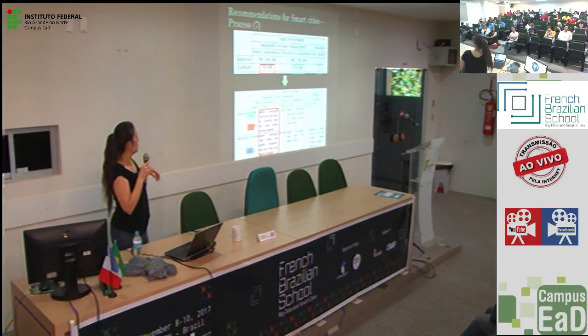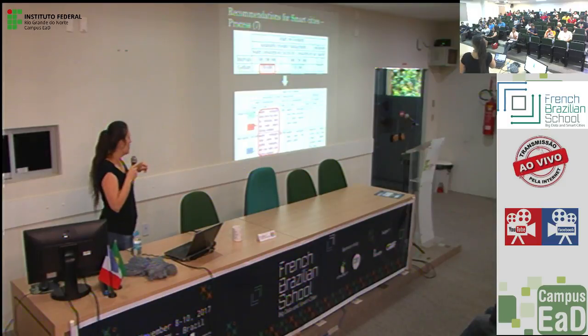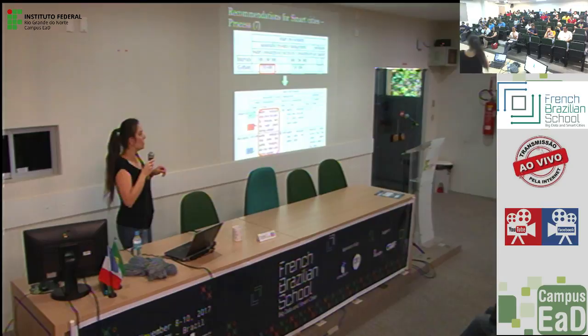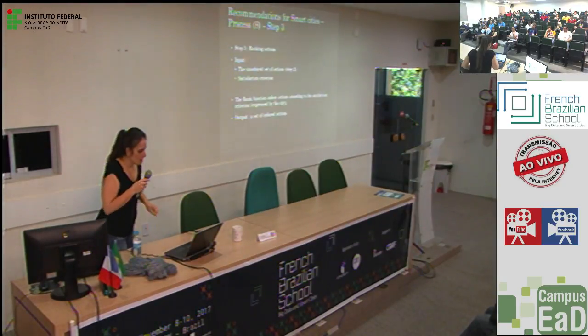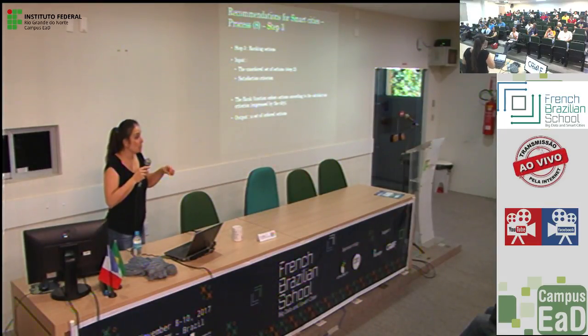A1 is after midnight, shut down the public fountains. A2 is do not water plants during summer, and A3 is after midnight, do not wash cars during summer. This is just some example. And finally, these candidate actions have to be ordered.